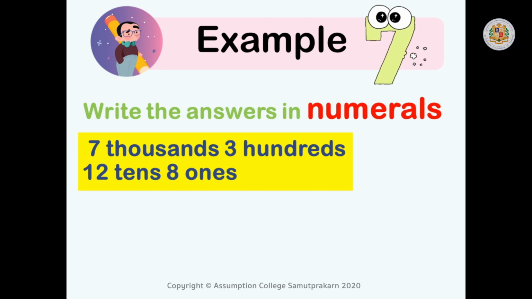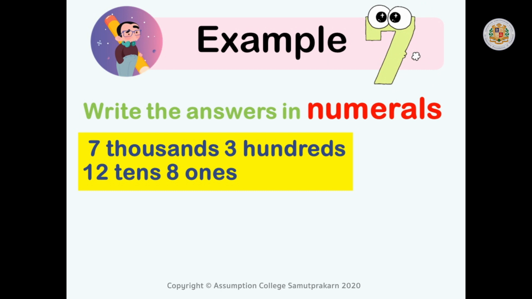How many zeros are there in thousands? Yes, there are 3 zeros. How about hundreds? 2 zeros. How about in 12 tenths? How many zeros are there in tenths? 1 zero. That means 12 tenths is equal to 120.